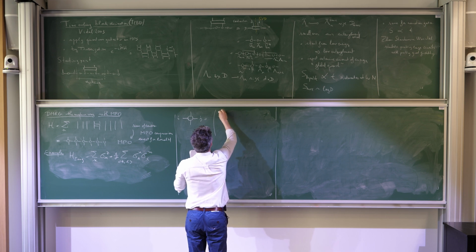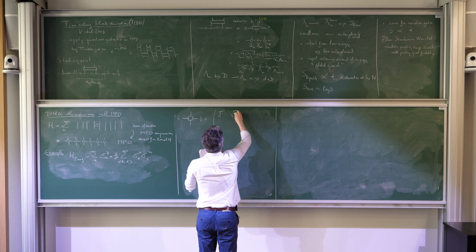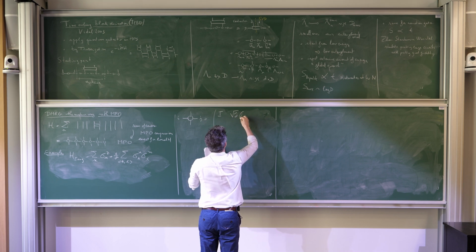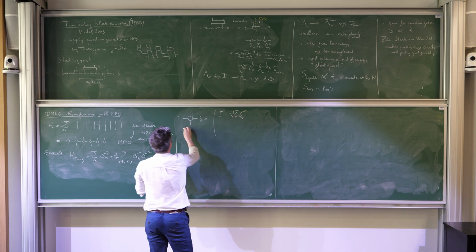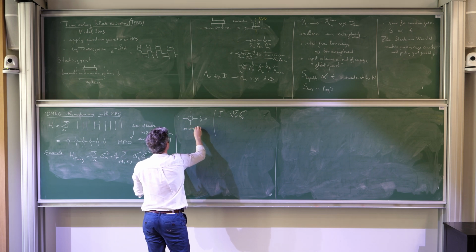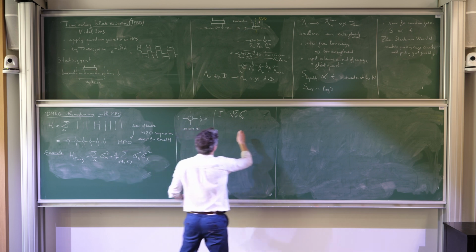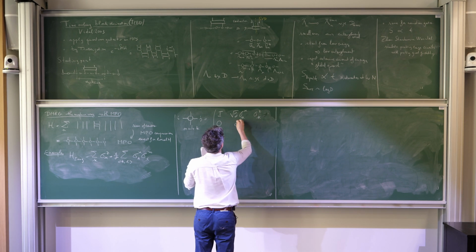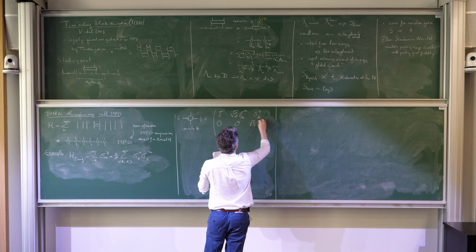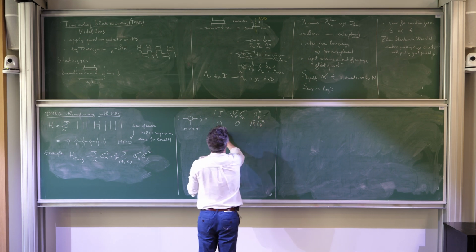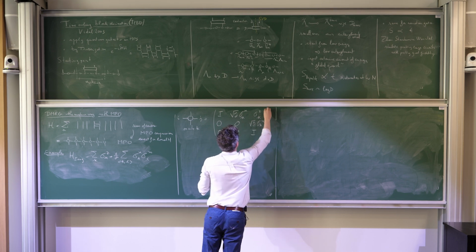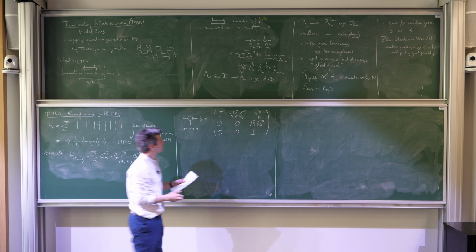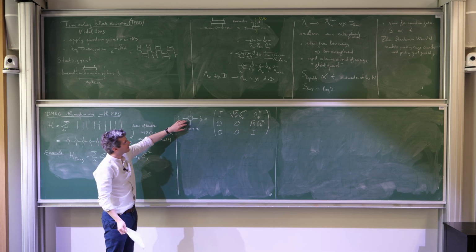So this is on-site k, sorry, because it's a different operator on each site. Okay, so this matrix product operator has bond dimension 3.